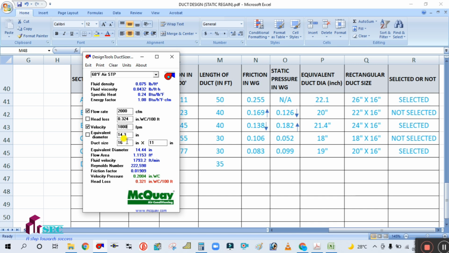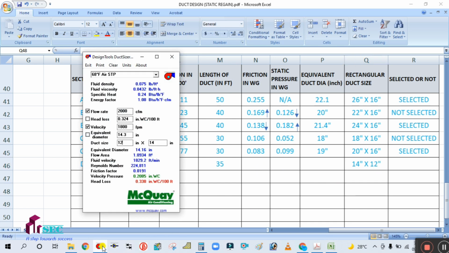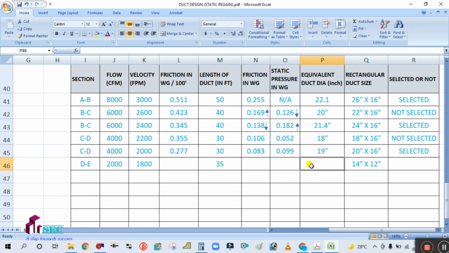So now we need to reduce the height of the duct because this width is less. That means we need to reduce it. So 14 by 12. Again we need to reduce 12. 14 by 12. Okay, so here your duct size will be 14 inch width and height is 12 inch, and your round duct dia is 14 inch again.